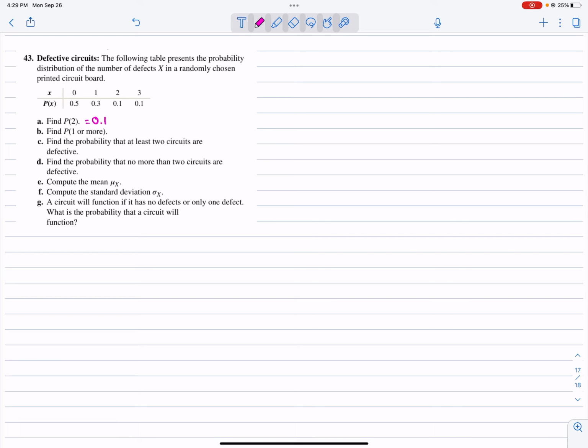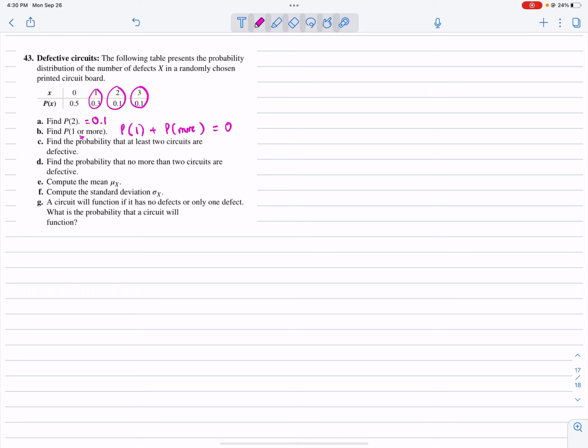B. Find the probability of 1 or more. 1 or more means 1 or 2 or 3, because 2 and 3 are more than 1. So 1 or more means there are 1, 2, 3 for the X. By the addition rule, we have the word or, so you add the probability of 1 and the probability of more.